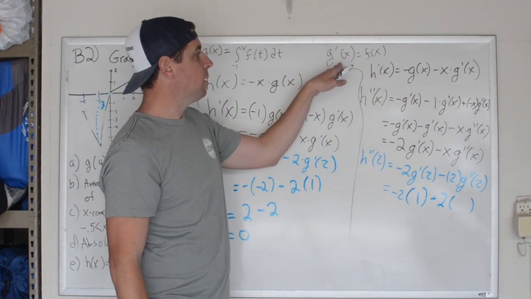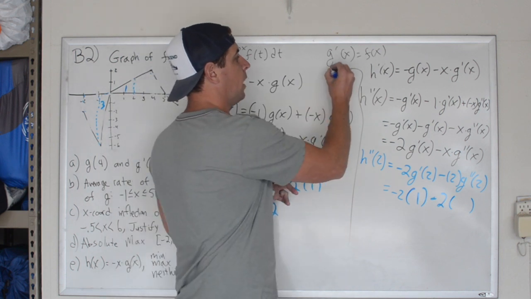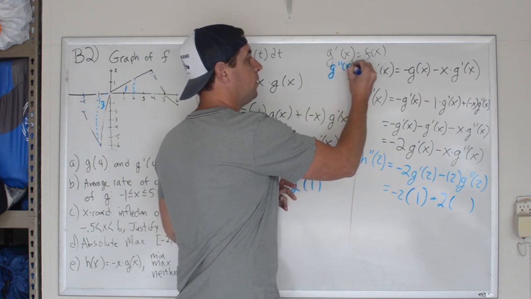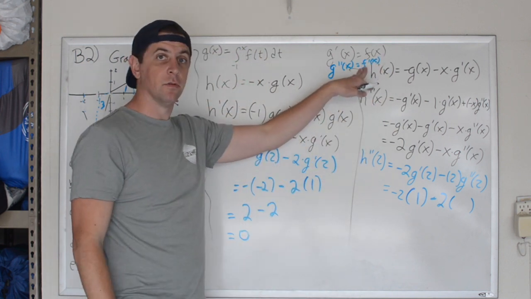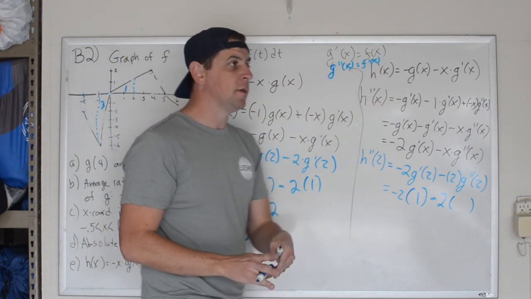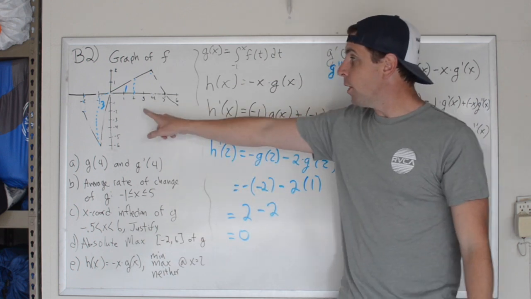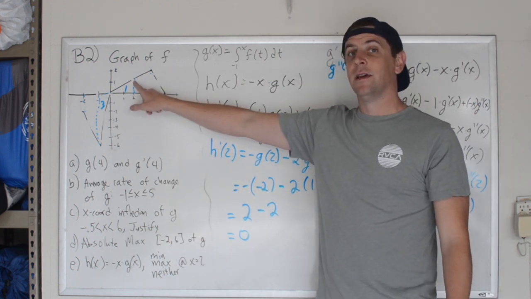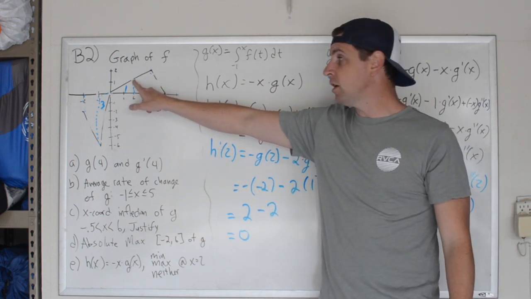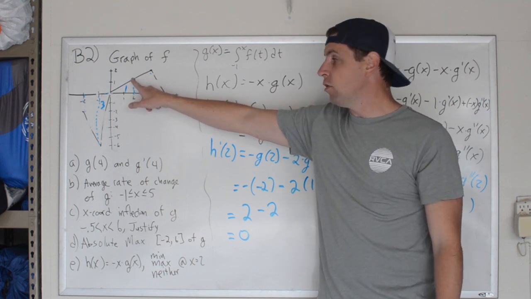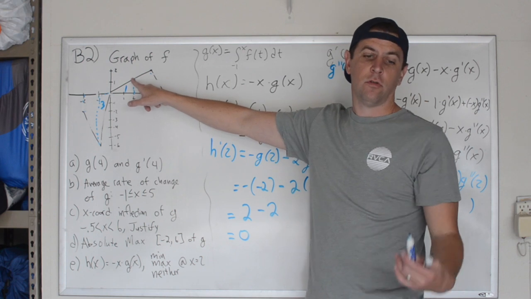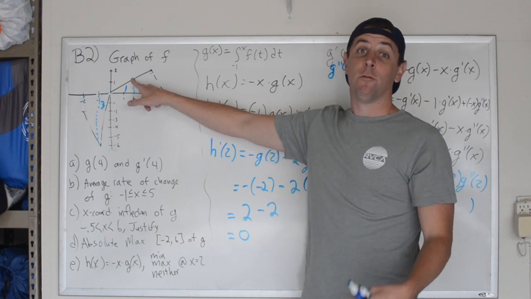Now g double prime of 2, that would be the same thing as f prime of x, so it's going to be f prime of 2. F prime of 2 means the slope of this graph at 2. So I need to know the slope here of this graph. Well, the slope is the change in y over the change in x, or old school terms would be rise over run.